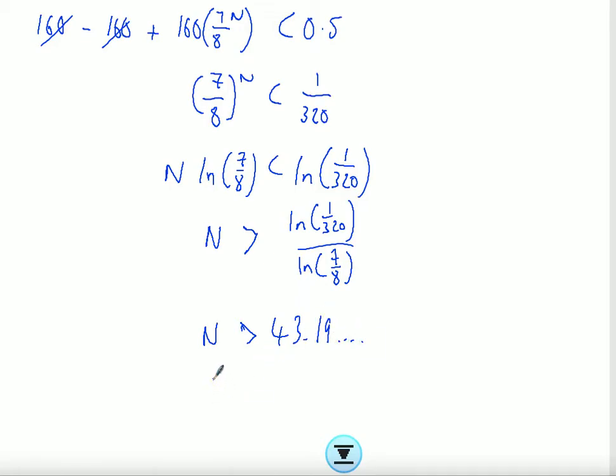So therefore we can suggest that n must be equal to 44 in order for that statement to be true. Okay, so let's have a look at where some marks are for that. I suggest 1 for just substituting in what we know, 1 for rearranging, 1 for taking logs, 1 for your answer of 44, so 4 marks there. Good stuff, good start.